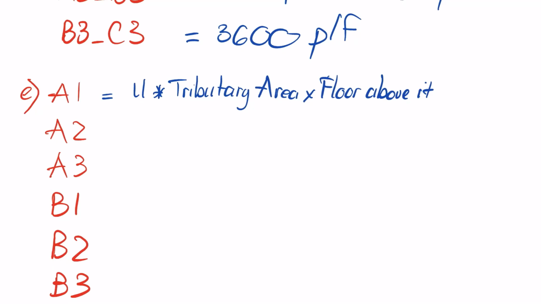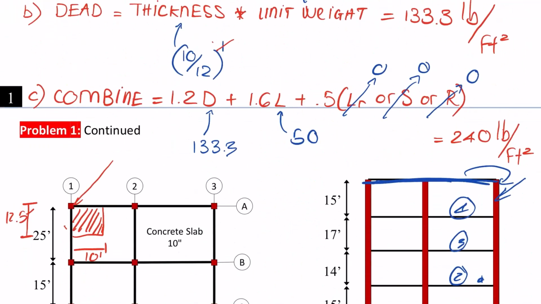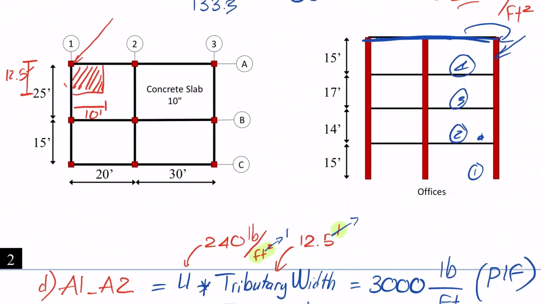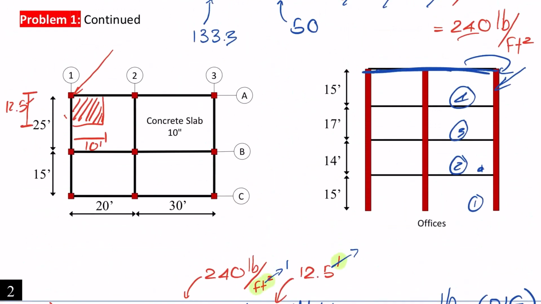Alright, so first of all, U, we already know from the previous calculation, this one is 240, similar to the other one, that is the combined load. Now the tributary area, let me draw this one more time. So you see this one is column A1, right?